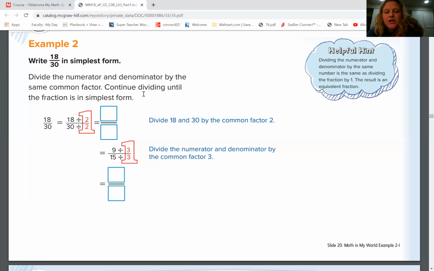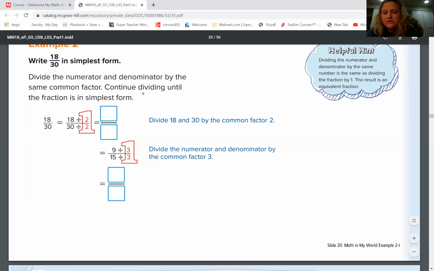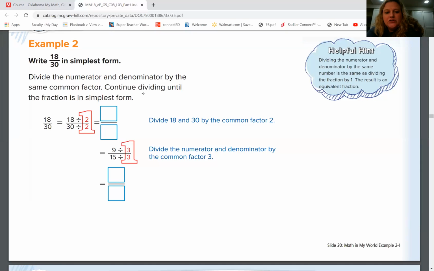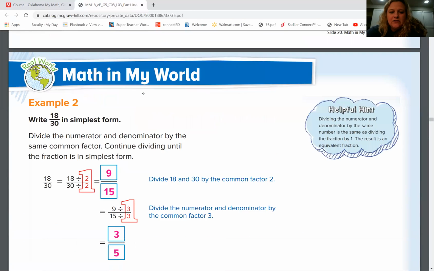1 whole. So 9 divided by 3 would give you 3 for your final numerator, and 15 divided by 3 would give you 5 for your final denominator. So your answer would be 3 over 5, or 3/5. So go ahead and take a look at it here.